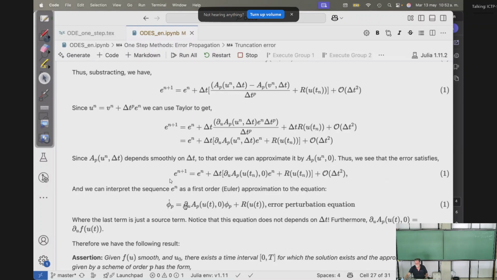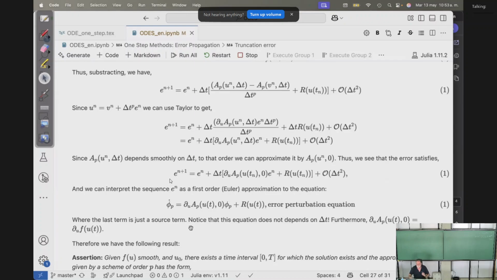Because here you have the f. So it's something that has a phi here, linear in phi, and some terms that don't depend on phi. And this doesn't depend on delta t, it's just a function. And furthermore, this derivative of a with respect to u is just f of u, right? So we can substitute here by f. Is it clear?